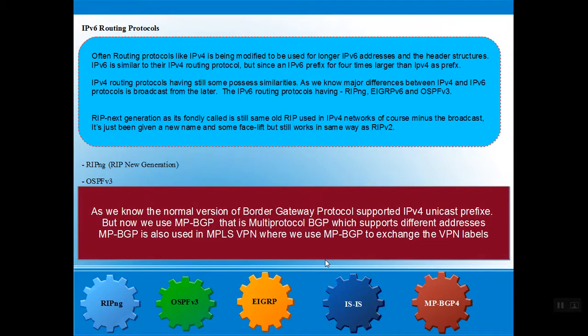As we know, it's an extended form of the border gateway protocol that we use in IPv4, and it supports unicast. So these are the five different protocols: RIPng, OSPF, EIGRP, IS-IS and MP-BGP4. These are the IPv6 routing protocols.